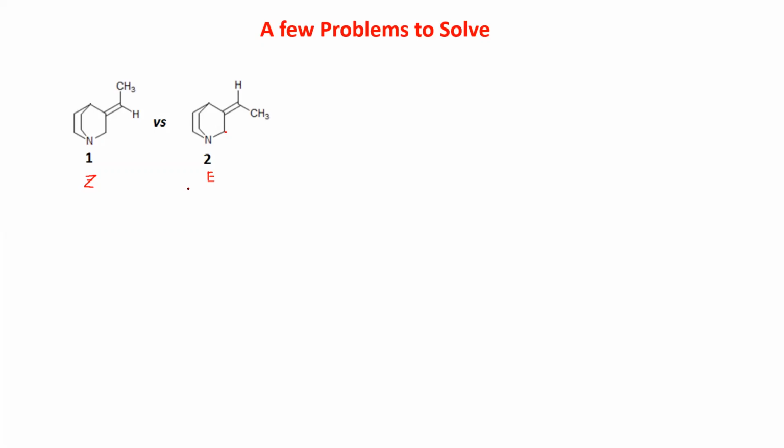You got my point? So you have to find one proton in the molecule whose environment changes when you change the isomer.